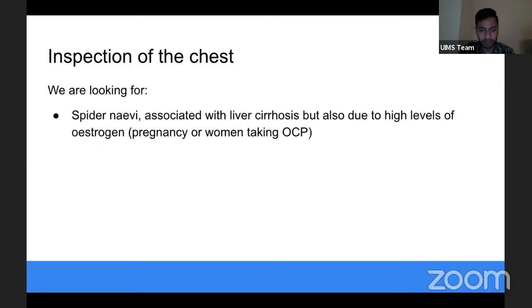It's quite normal. How do we define spider nevi? Spider nevi are usually skin lesions that have a central red papule, and they have fine red lines like spider webs, really. That's why they're called spider nevi. And I'll show you an image in the following slide. But they're red papular type lesions.